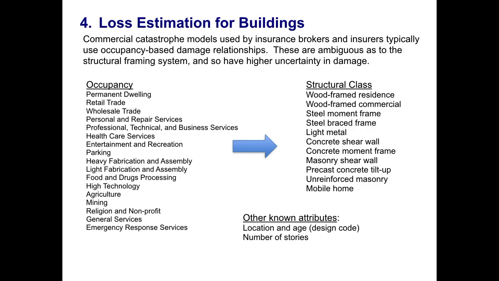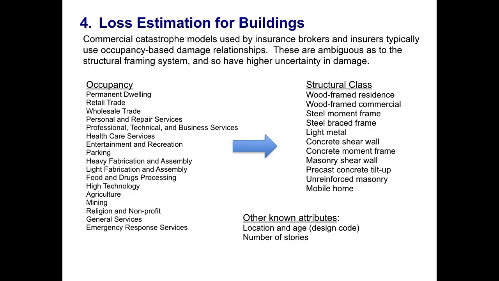So one place where the engineering service provider can make an improvement in the modeling is by taking the buildings and assigning the actual structural class to each of the buildings, or at least to the important buildings within the portfolio.